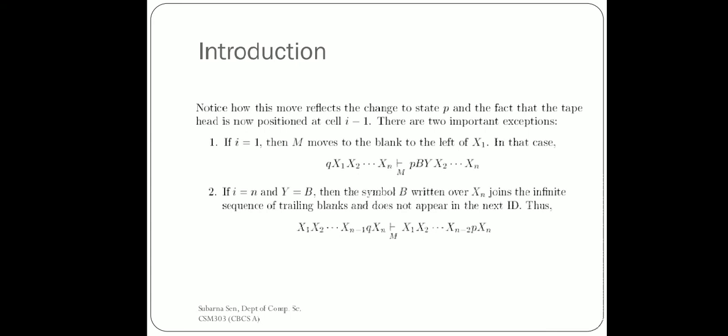It is not going to change anything. It means it is a blank only, so it will get merged with it. So p will get merged at that place. Just see, it is there, and this has happened. It is not going to move to the end since y is equal to blank.